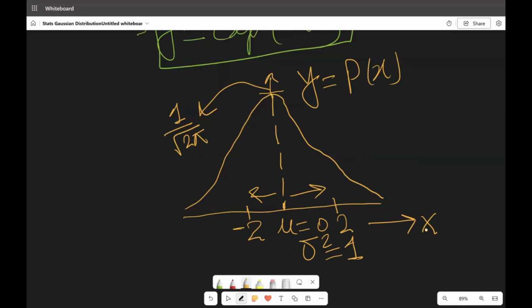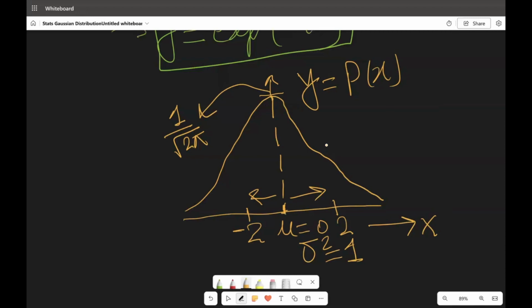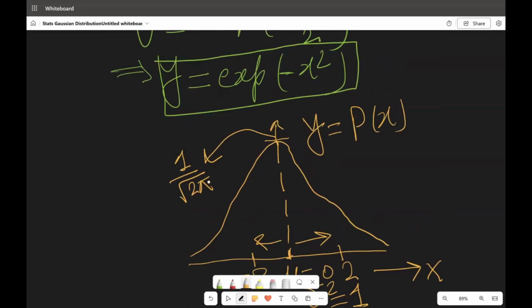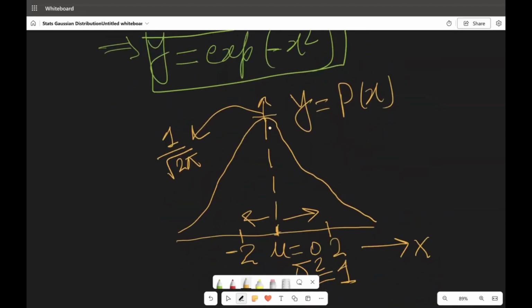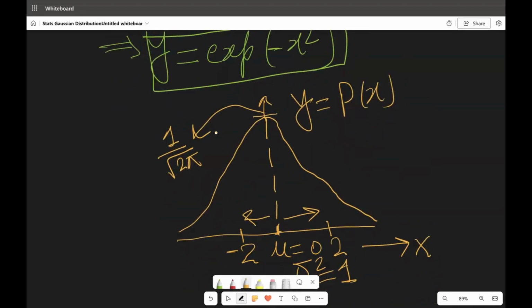As x increases, let's say my x is 0. Initially, let's say my x is at this point, x is equal to 0. At that point, I have a very high value here, which is 1 by root 2 pi, correct?